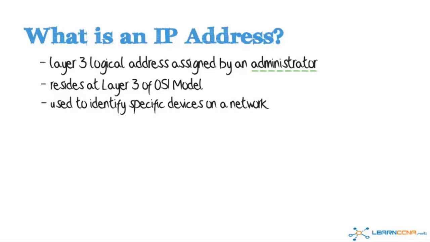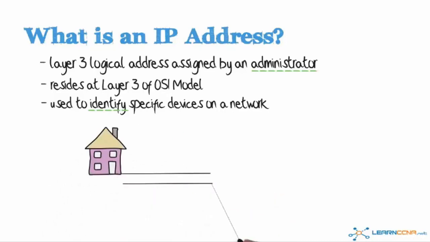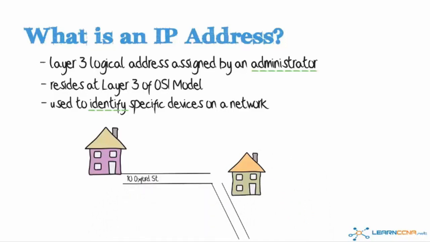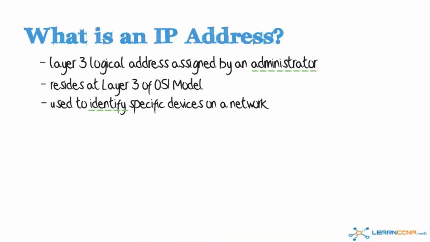So once again, the IP address uniquely identifies a device in a network in a similar way to how houses are uniquely identified in a street. Houses in a street have a unique address. So for example, 10 Oxford Street. In the same way, a host in a network has a unique identifier on that network, being its IP address. I'm going to expand on that analogy in the next few minutes.